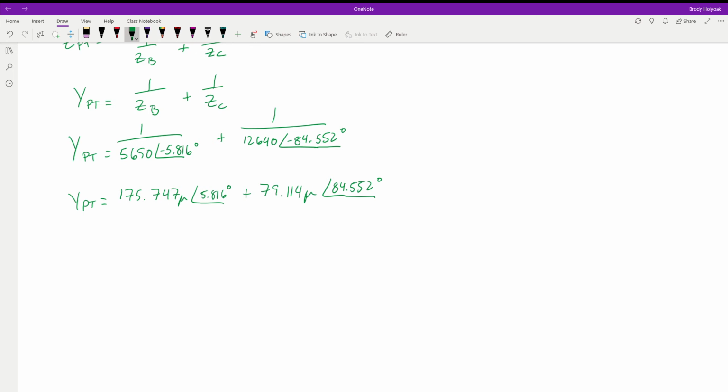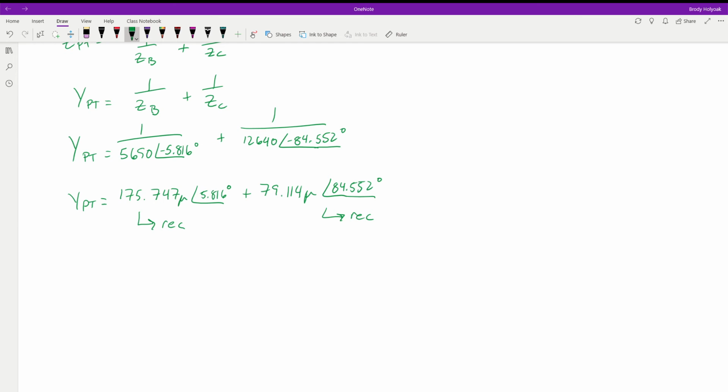So now we look back and see, okay, what function are we wanting to do on this? Again, we're trying to add these two values together. So to add, we have to convert these two into rectangular. And then we'll end up converting it back because we're going to multiply with that value later on.